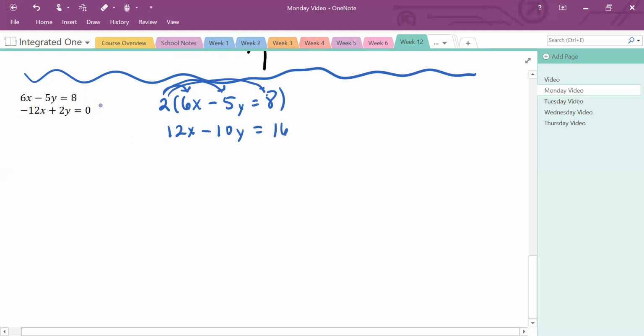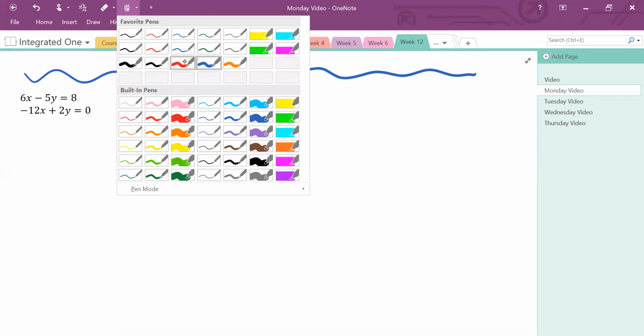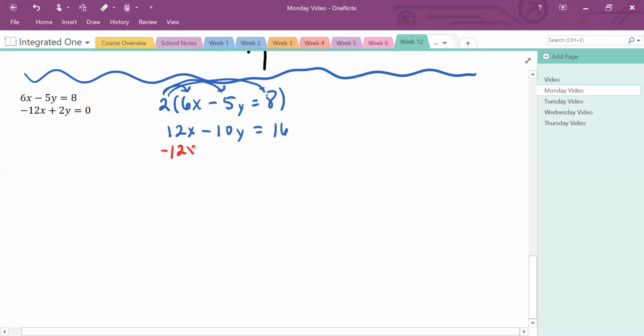And now I can use my bottom equation, negative 12x plus 2y is equal to 0, that I didn't multiply anything by. And then I'm going to solve using my elimination method, where I'm going to add down. 12x minus 12x is 0. Negative 10y plus 2y is negative 8y is equal to 16.